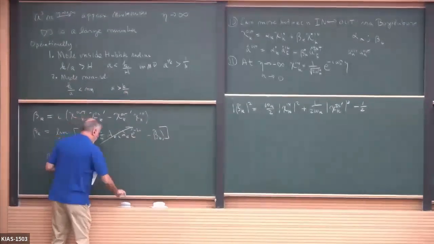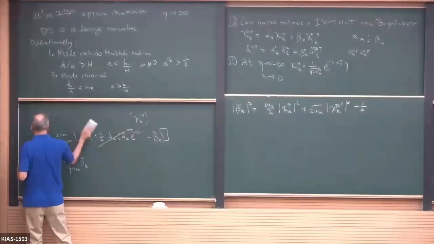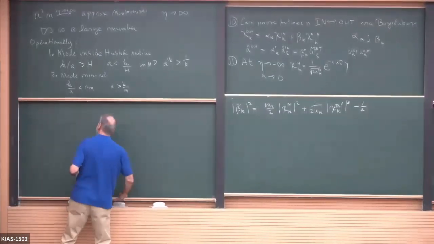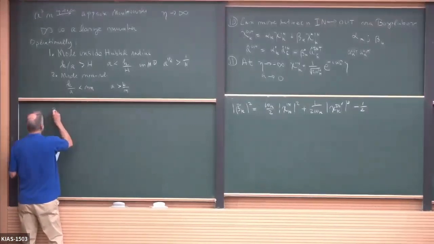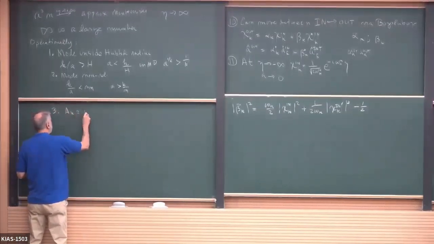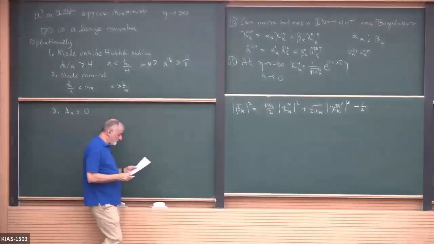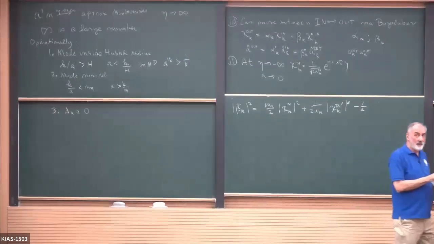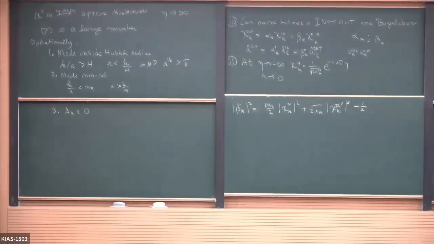And the third requirement is that A sub k is approximately equal to 0. Then it's street legal to talk about a particle.